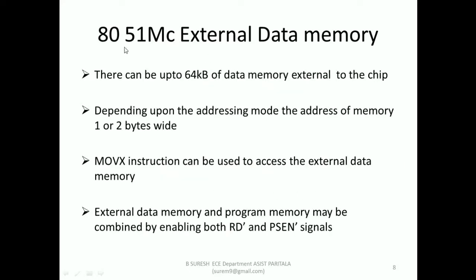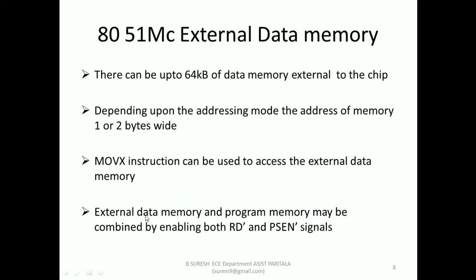Now we will see about the 8051 microcontroller external data memory. The external data memory we can provide to the 8051 microcontroller is 64 KB, and depending upon the addressing mode, the address of memory is 1 or 2 bytes wide. Generally, the MOVX instruction is used to access the external data memory of the 8051 microcontroller.